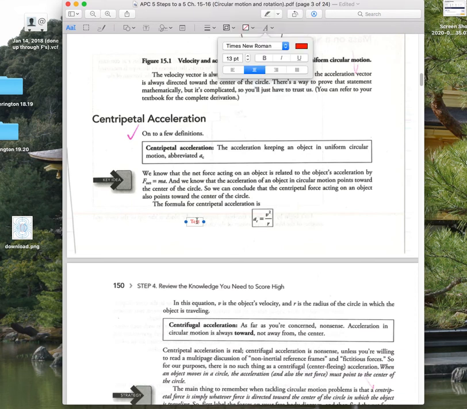Okay, so something like that. We could say that x is equal to theta times r. So radians times the radius.